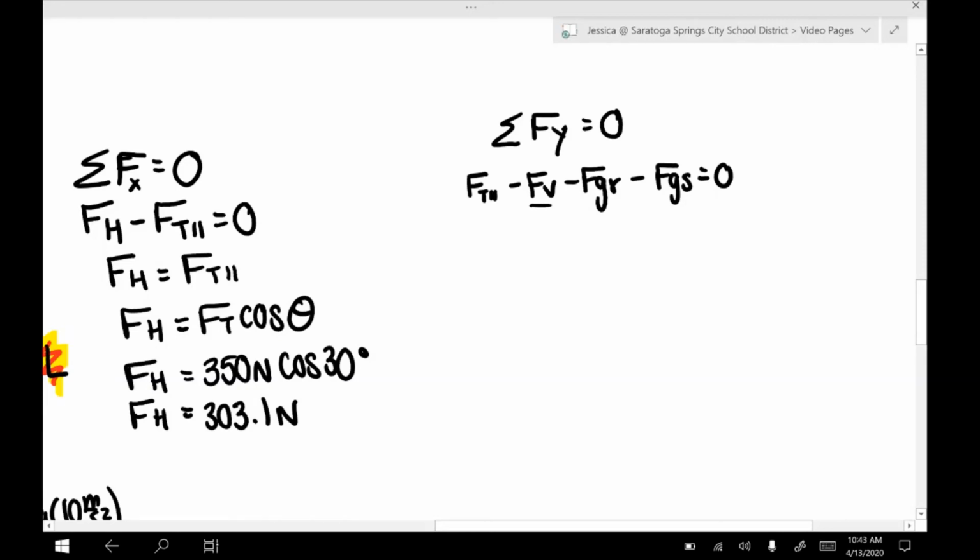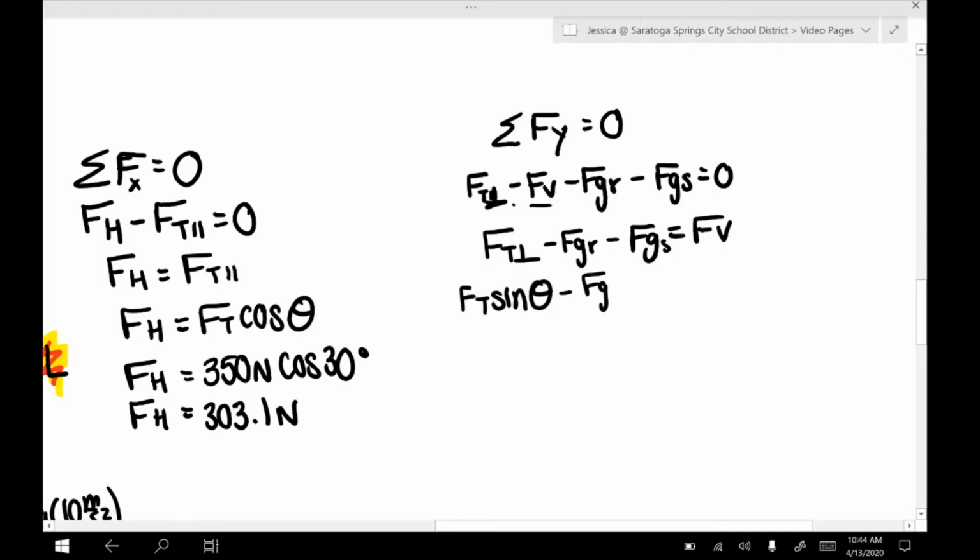So I'm going to go ahead and rearrange for that first by adding it to both sides. So the perpendicular component of the tension minus FGR minus FGS is the vertical force from the hinge. Okay, so this is that tension force times the sine of theta minus FGR minus FGS is FV.